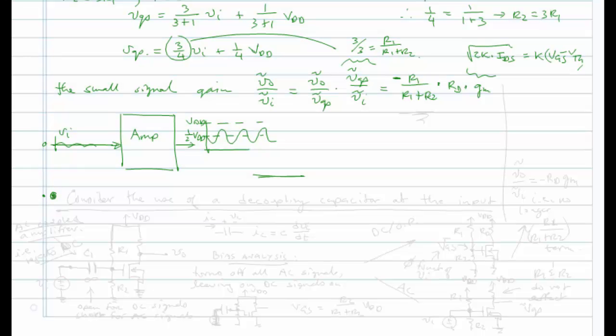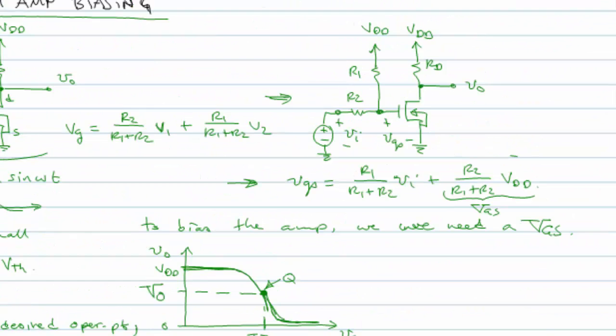The above described circuit is useful in being able to remove the requirements of a DC offset to the input signal that we're trying to amplify, but it still has some shortcomings that we'd like to further improve on. So one of those shortcomings is that if the input VI should have a DC offset, it will add to the bias voltage that is being established by R1 and R2 and the voltage VDD.